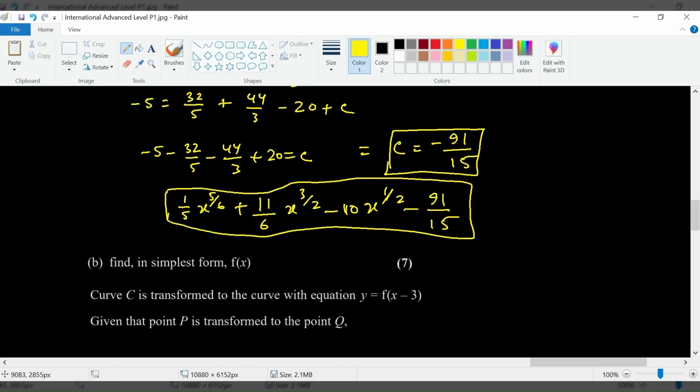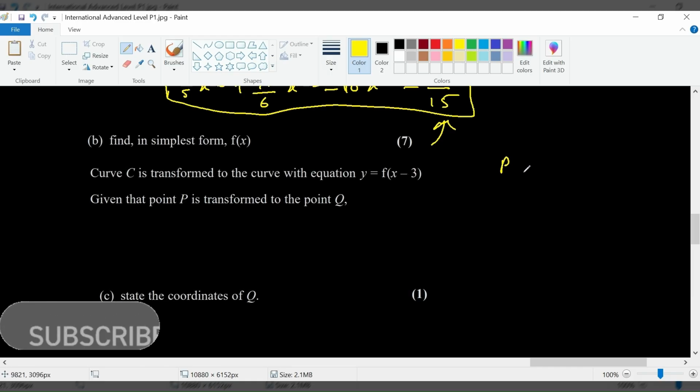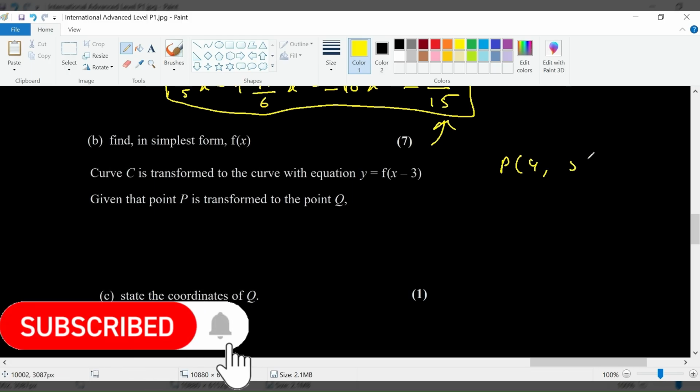Now comes part B. In here, what is expected is we need to find out how curve C is transformed. It says curve C is transformed to the curve with the equation y equals f of x minus 3. So the points we already have are 4 and negative 5.